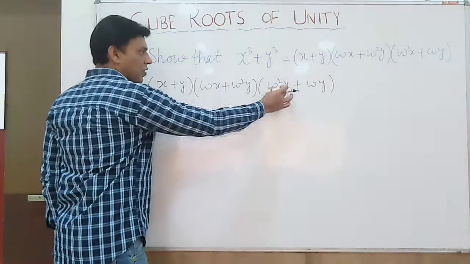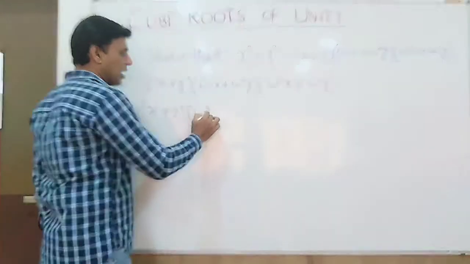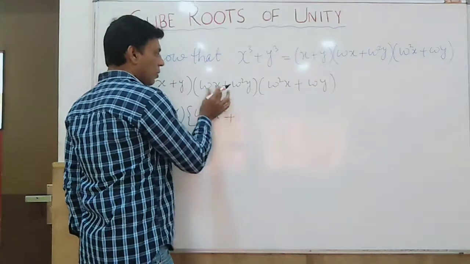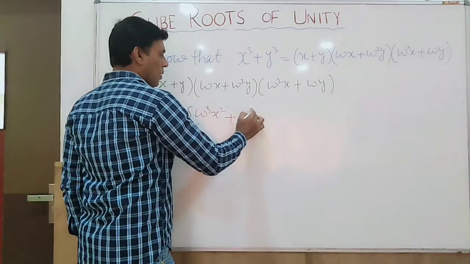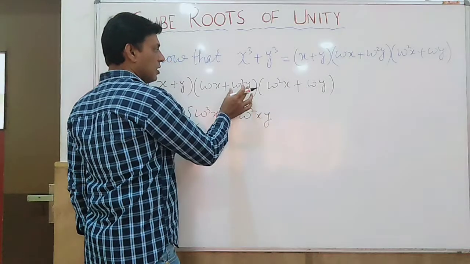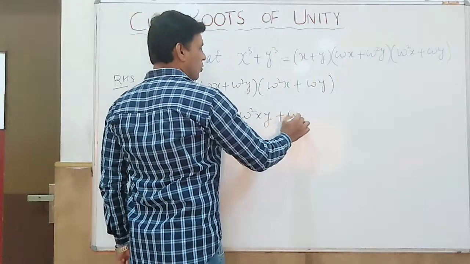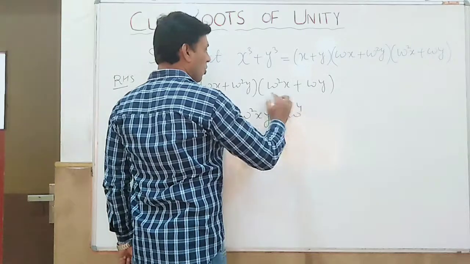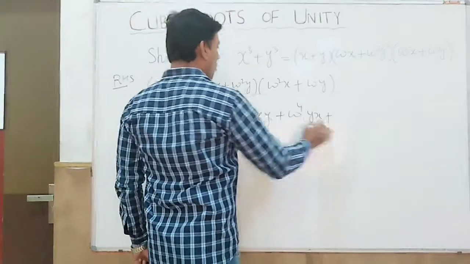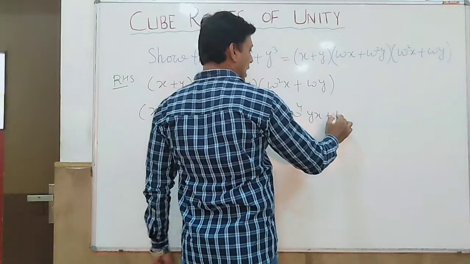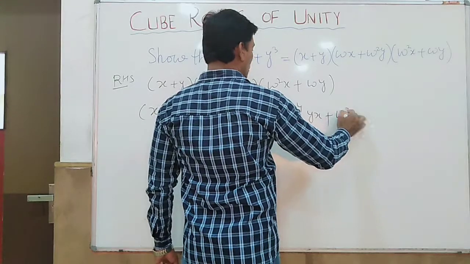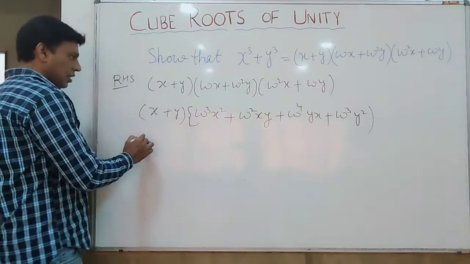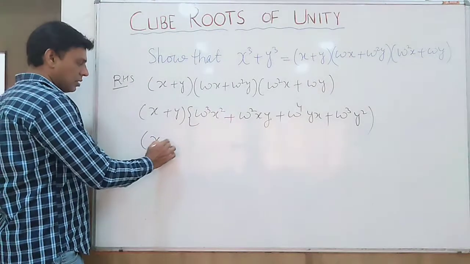So omega x with omega square x, that is omega cube x square, then omega square xy, then omega to the power 4 yx, and this is omega cube y square. So we have multiplied. Now we will solve it.